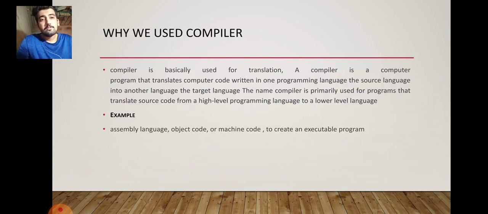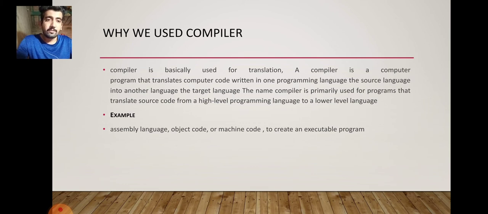Why do we use a compiler? A compiler is basically used for translation. A compiler is a computer program that translates computer code written in a programming language, a source language, into another language, the target language.